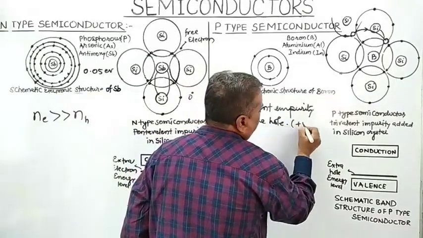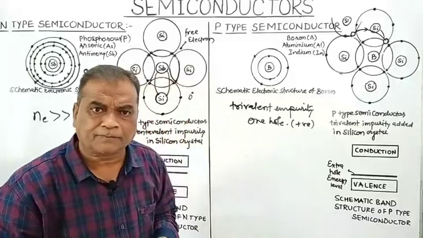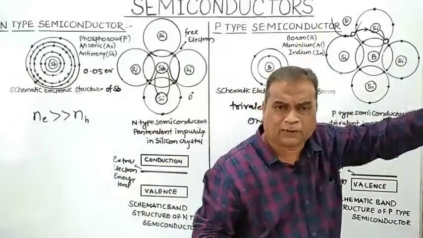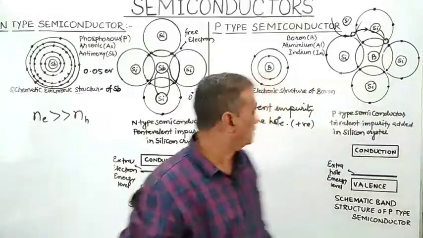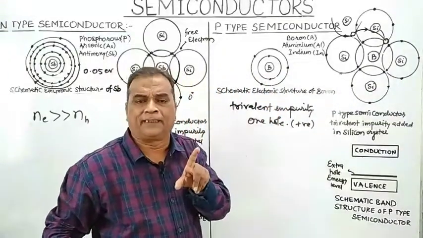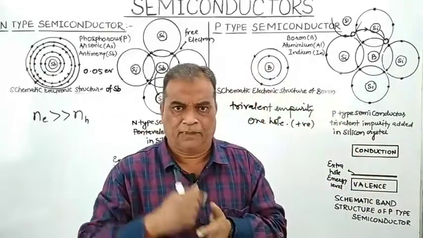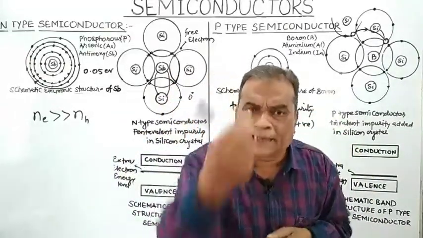A hole is nothing but an effective positive charge, and as that hole will accept an electron, hence trivalent impurities are called acceptor impurities. Remember what I am saying?